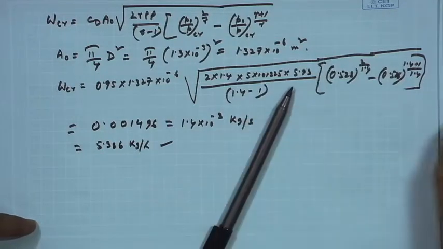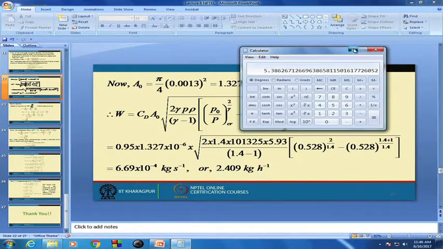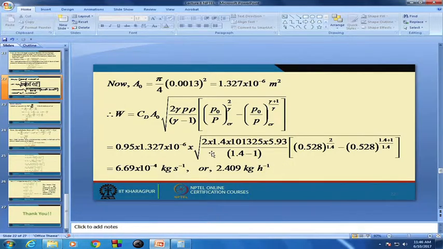Now, hopefully here it is differing, but 0.528 to the power 2 by 1.4 we have taken, right. 0.528 to the power 1.4 plus 1 by 1.4 we have done, right. 5.93 is the density we have taken correctly. 101325 we have taken for that, but perhaps 5 is missing here, right.